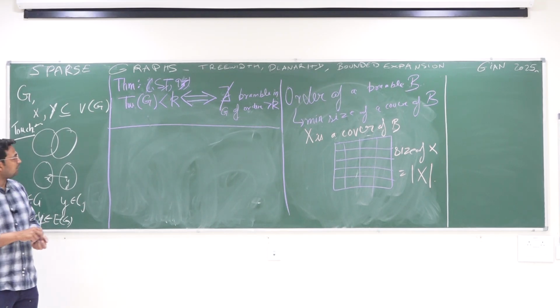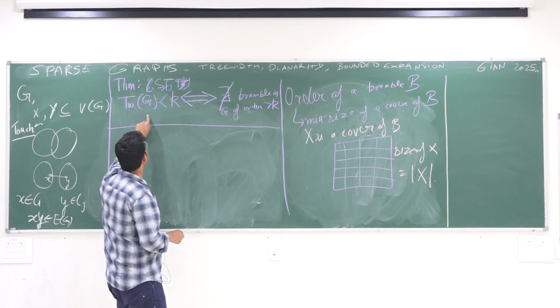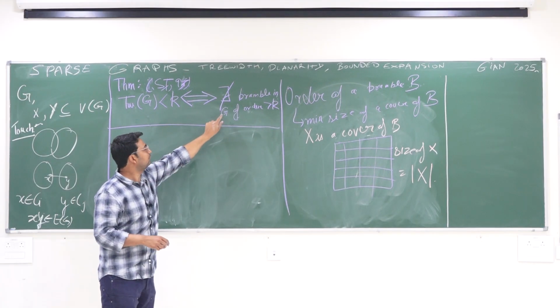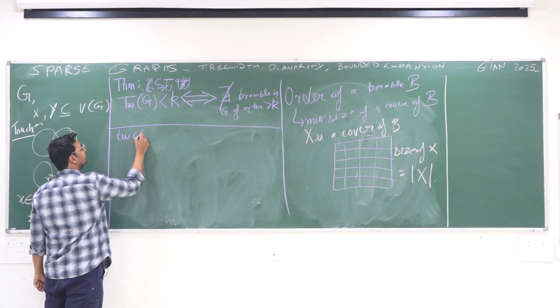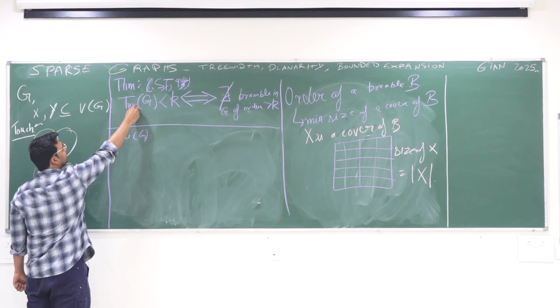So, this says treewidth less than K implies no Bramble of that order. First we will prove the following result, which has two components.